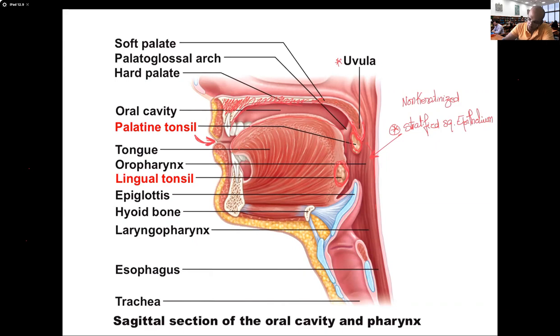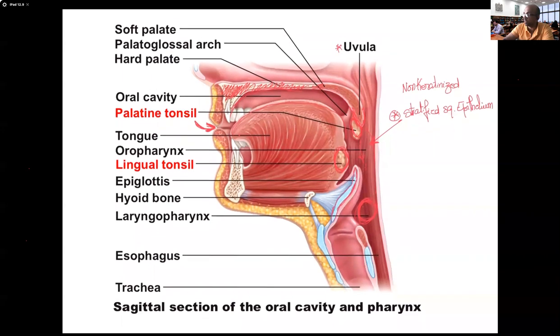And if we keep moving down through the oropharynx, we'll reach the laryngopharynx, which is located just posterior to the larynx. And as you remember from our discussion of the respiratory system, we've got multiple cartilages that build up the larynx.